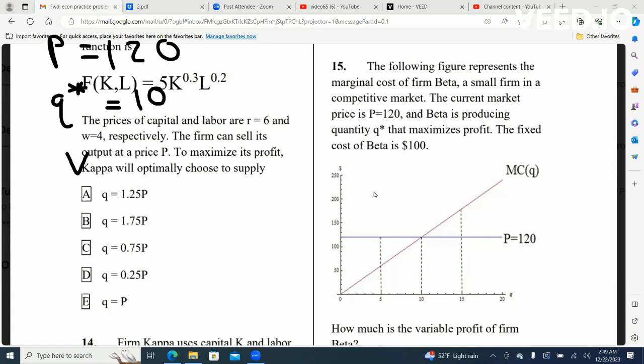The variable profit is always going to equal the producer surplus. Remember, the producer surplus is just this triangle right there.